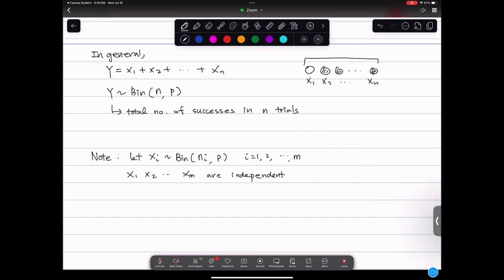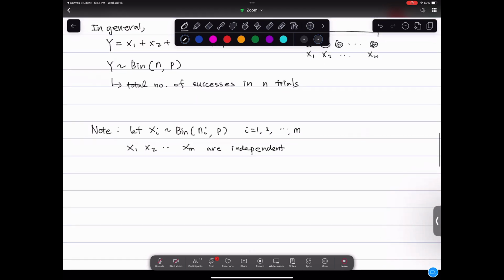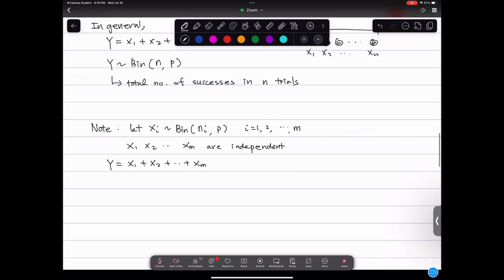According to this, I can call y the sum of these random variables. Conceptually, I can imagine my items. I take the first n1 items or trials, and how many ones, how many successes, that's my x1.